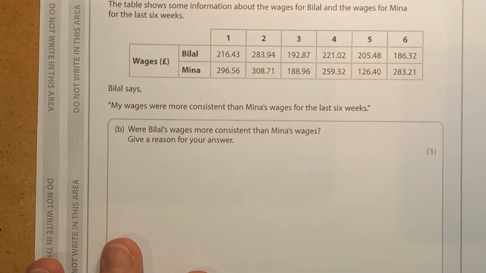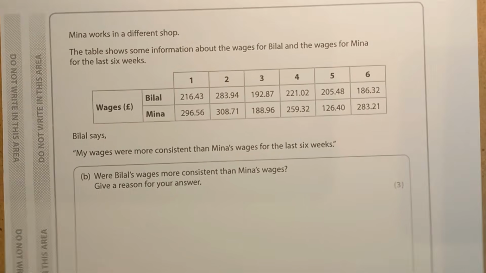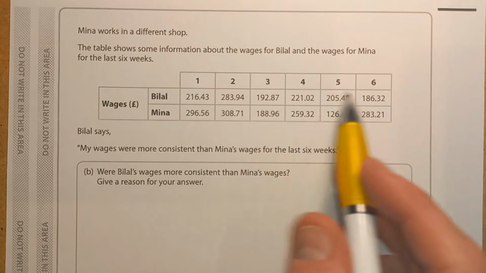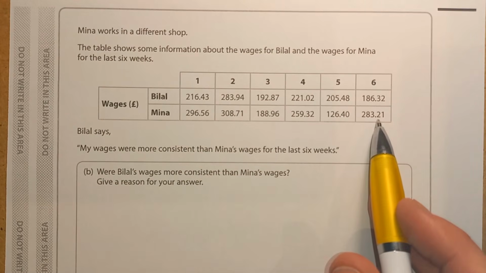Now we've got part B of this question as well. Mina works in a different shop. The table shows some information about the wages for Bilal and the wages for Mina for the last 6 weeks. Okay, so Bilal, we've got the 6 weeks. Mina, we've got 6 weeks here.